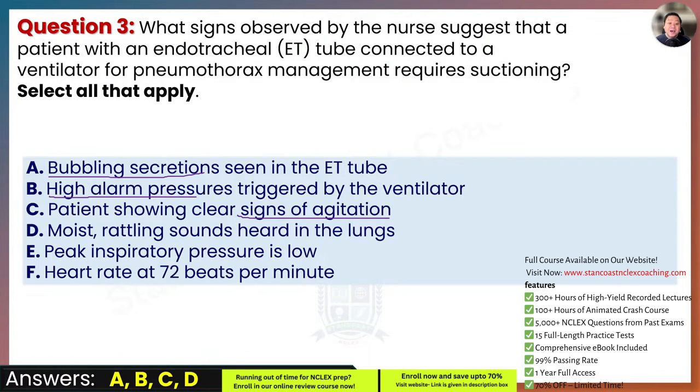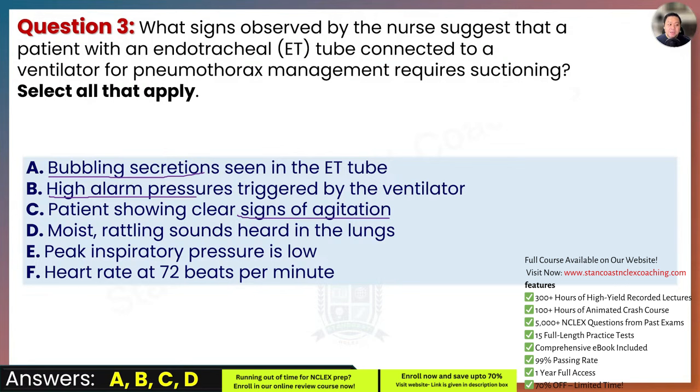Now, if other causes, let's say pain or anxiety, are ruled out, then suctioning may help relieve airflow restriction. And the agitation alone is a nonverbal distress signal for a possible airway blockage. So don't neglect the clue word here. Now, letter D, it stated moist rattling sounds heard in the lungs.